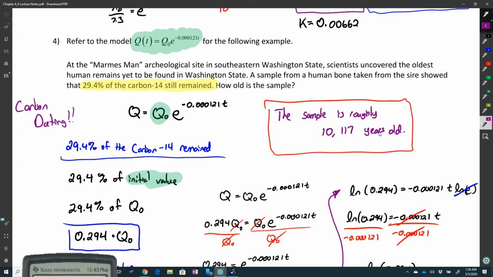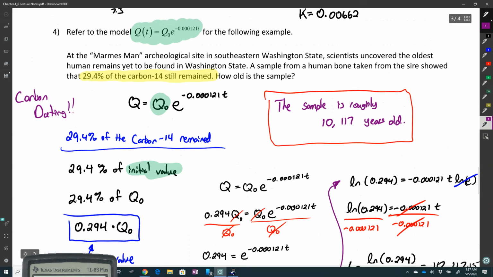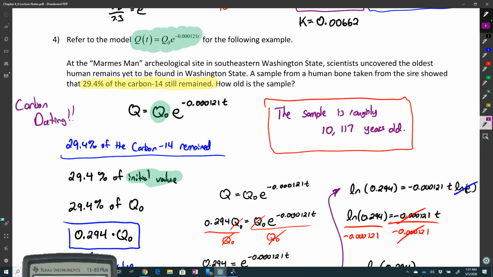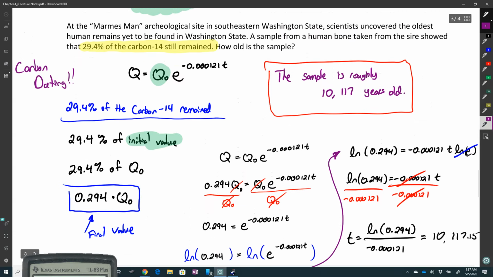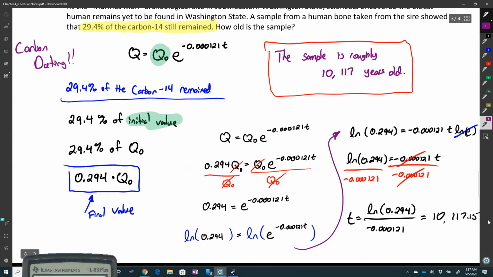It's still there though, and it has a very predictable decay rate. And so whenever they find bones or something, they find the amount of carbon-14 and they compare it to the amount that's already in a living specimen, and that's the sciencey part. And they'll say, oh, there's 29.4% left. And from there, you can do the math. You figure out how old it is.